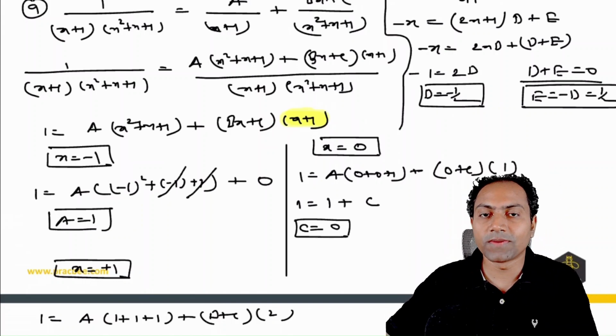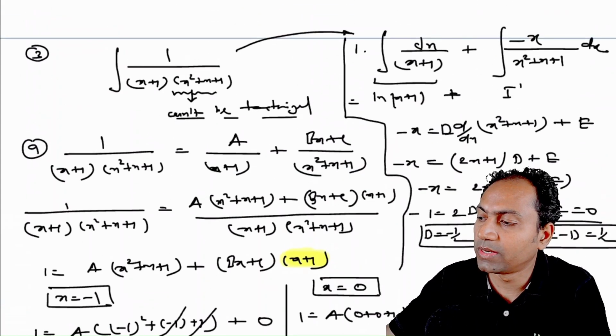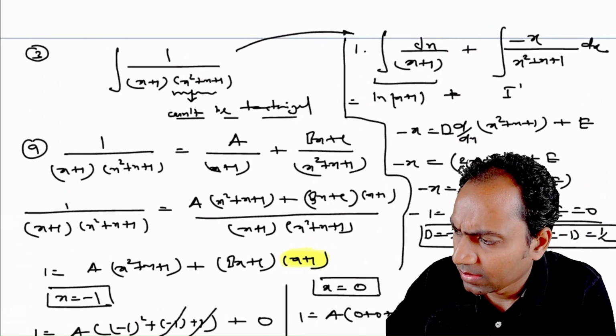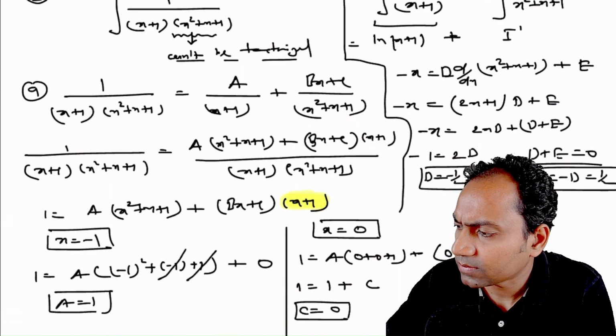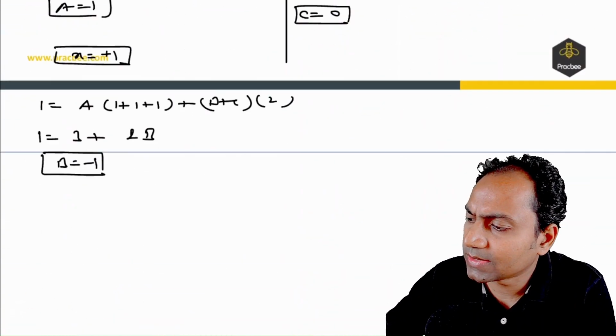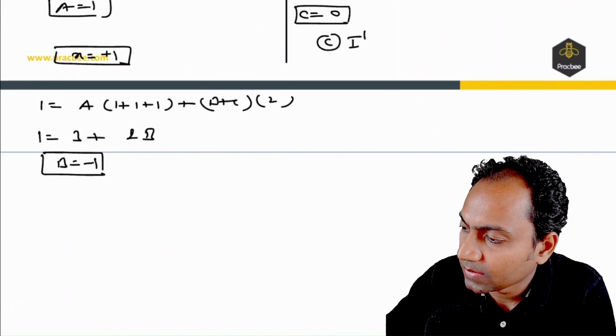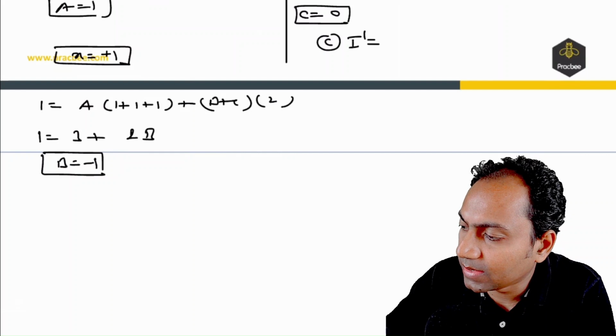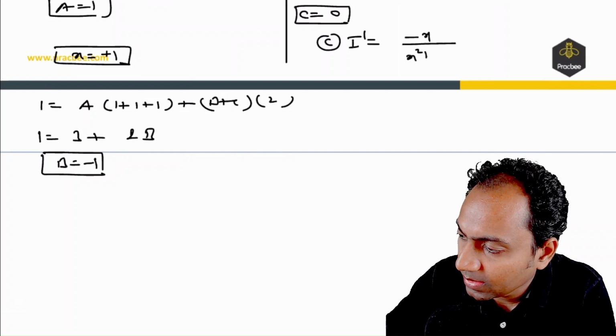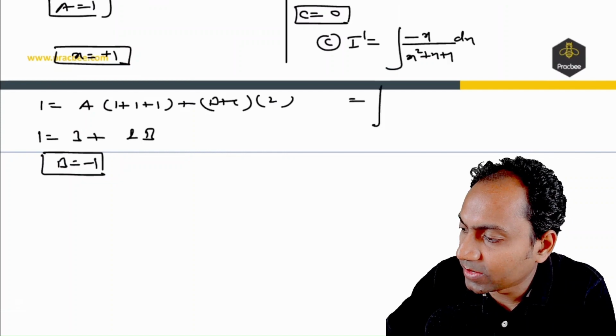Once you have got these values, in the next part we can do integration and get to the answer. So let us do that. Let us find the value in the c part of this I dash. My I dash is minus x by x square plus x plus 1 dx. Now this numerator I have split into two parts.